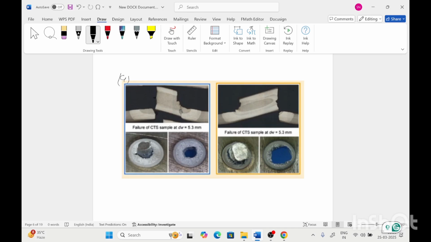In the second case, the weld nugget is safe, and the failure happens from the base material. In the first case some part of the welded joint is left, and in the second case the complete weld nugget is left after the testing.